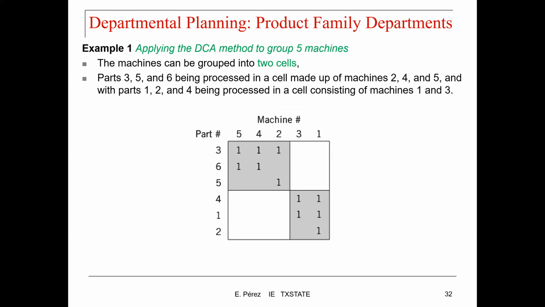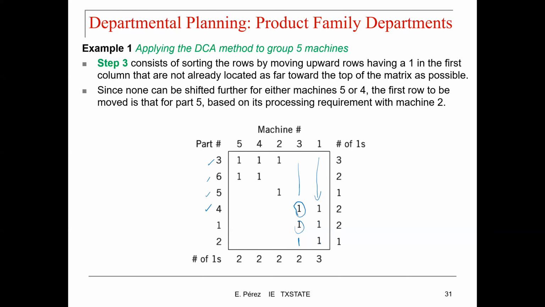Okay, so if we go here and we look at this matrix, can we separate the machines per part type? For instance, we can break this matrix in 2 parts, and we know that there's no overlapping between them. For example, these 3 parts are produced by these 3 machines, and these 3 machines, 5, 4, 2, are not needed to produce these 3 parts.